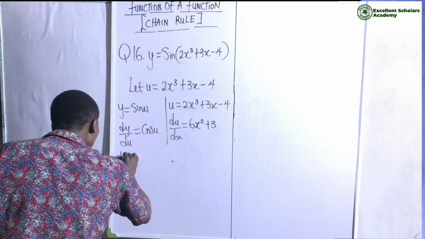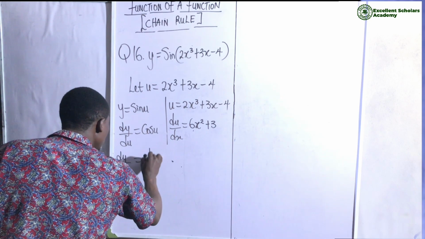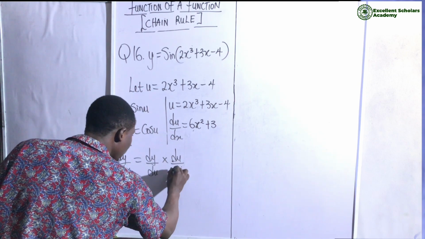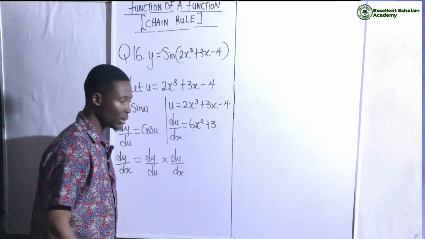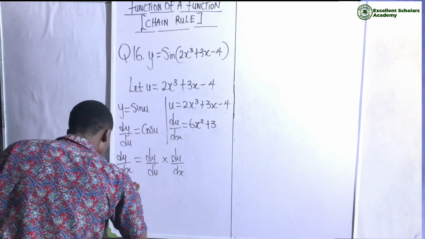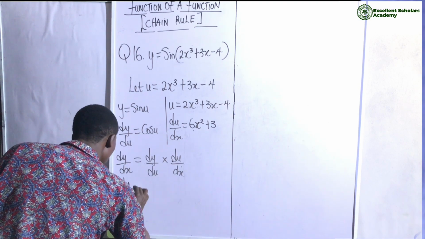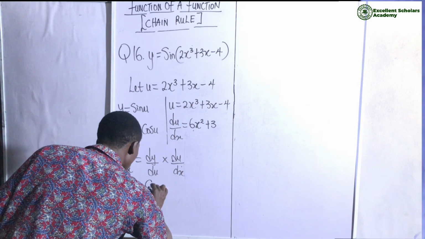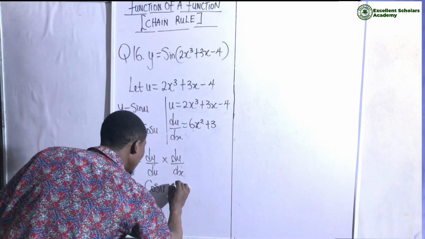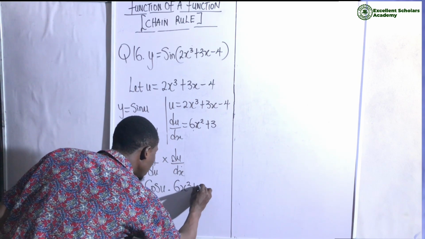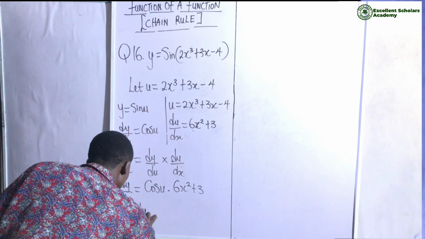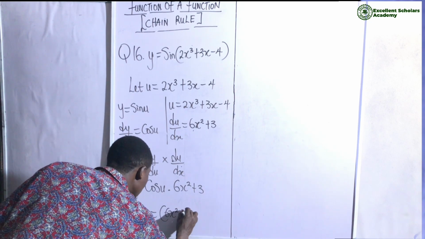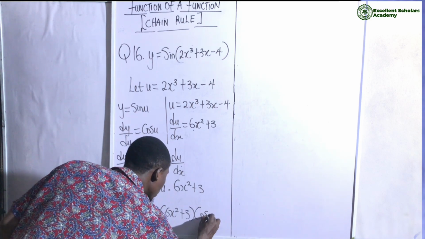Now our dy/dx is going to be equal to dy/du times du/dx. So dy/dx will be equal to cos u multiplied by 6x squared plus 3. So dy/dx will be equal to (6x squared plus 3) multiplied by cos u.